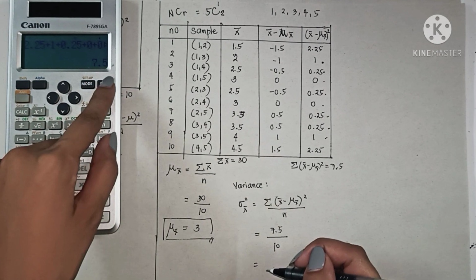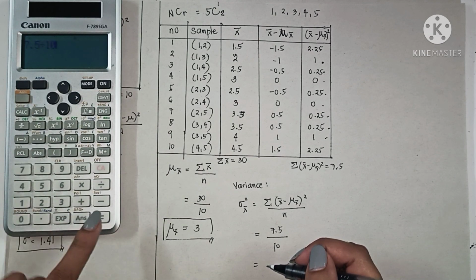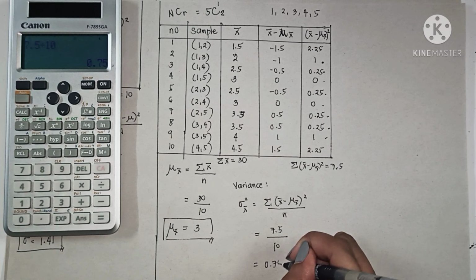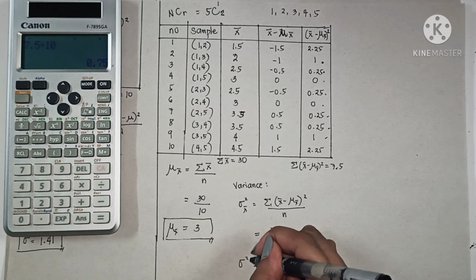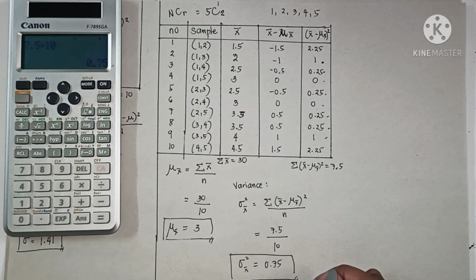Okay, 7.5 divided by 10, and that is equal to 0.75. So our sigma squared sub x bar is equal to 0.75. Yung variance of a sampling distribution of sample means is equal to 0.75.